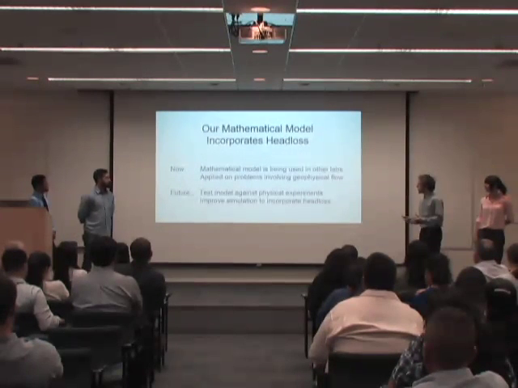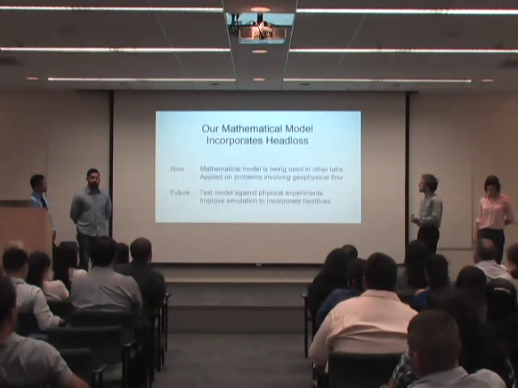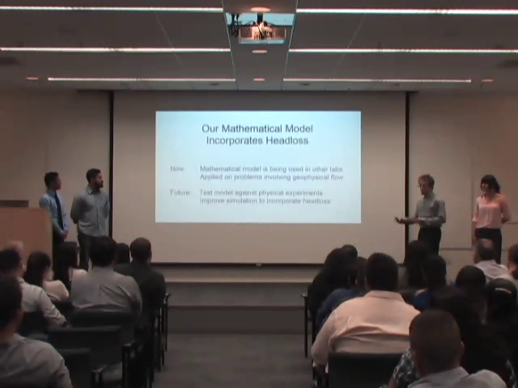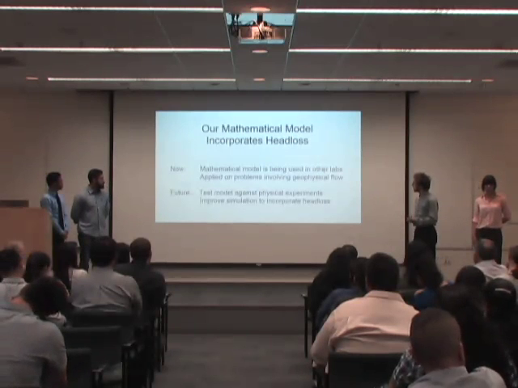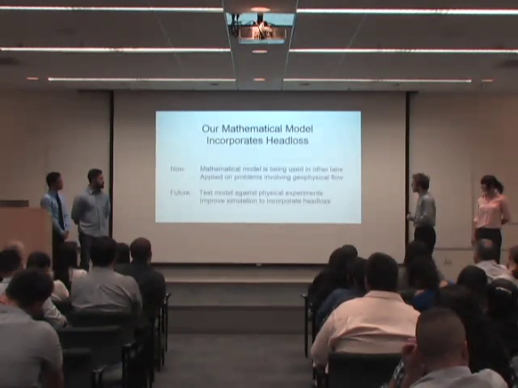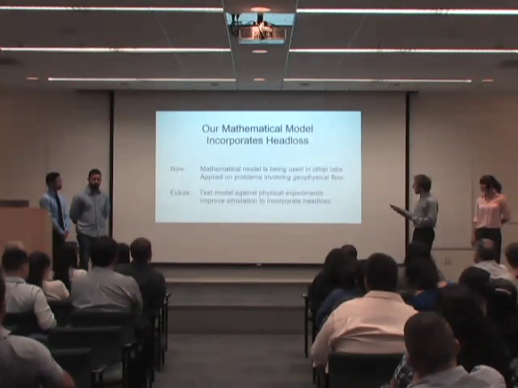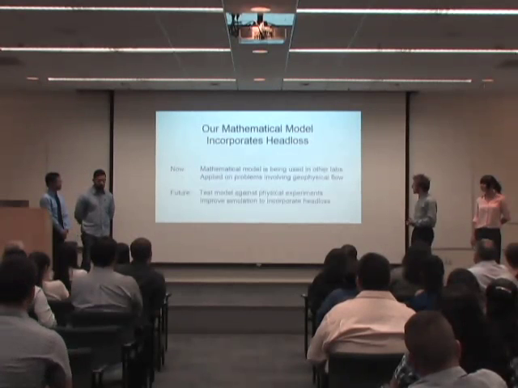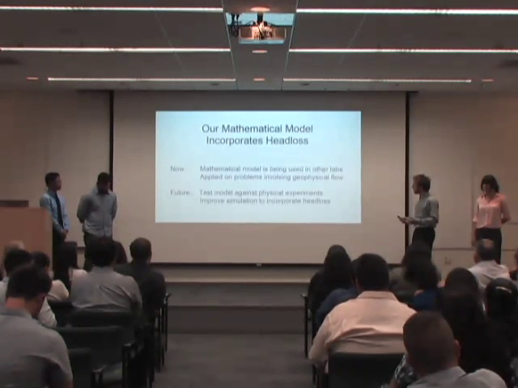So again, the previous work in this field has assumed that energy is conserved throughout the system. The novel approach that we used was to incorporate this head loss term. Today, this model, the work published by our mentor, is actually being used in other labs around the world, for example, the University of Melbourne in Australia, University of Cambridge, and UC Davis.